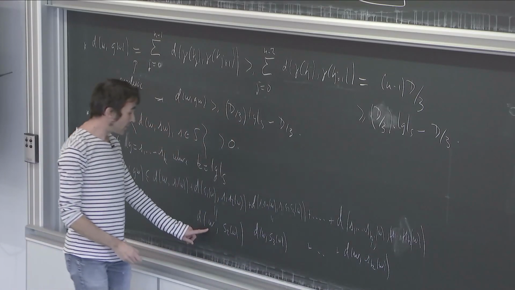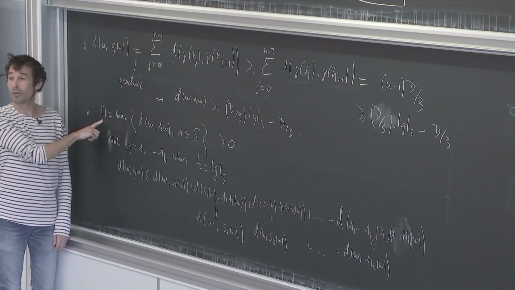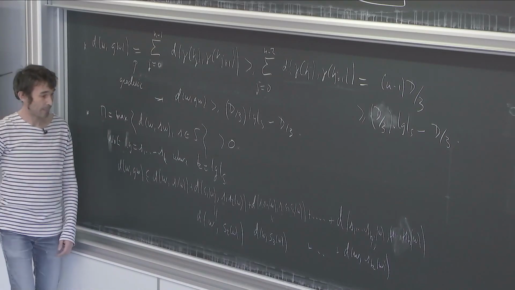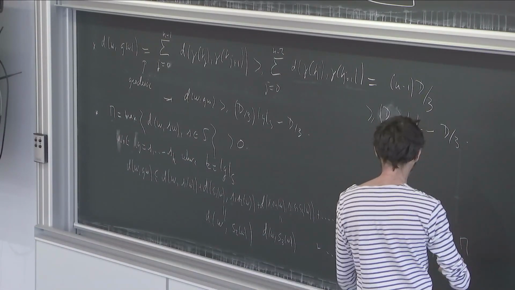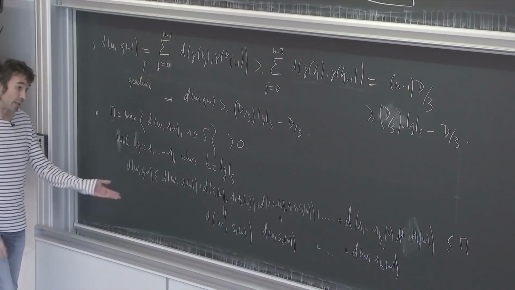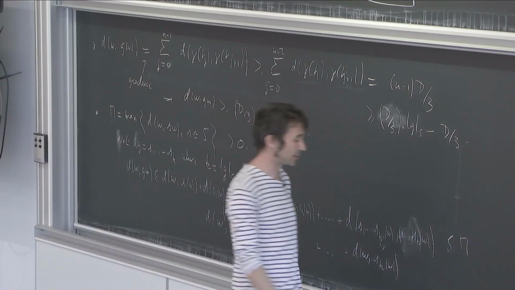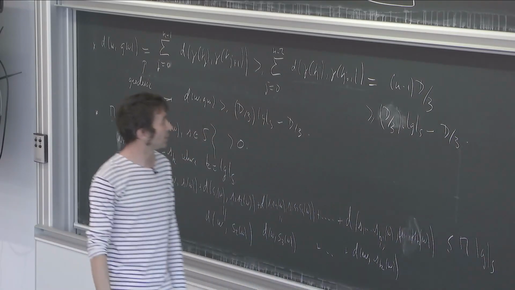So what did I gain is that each of these distances is bounded from above by M. Okay? So this turns out to be smaller than M times how many terms do I have? Well, I have k terms, so this is exactly M times the norm of G with respect to S. Okay?